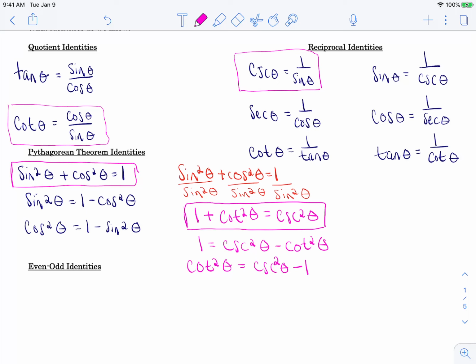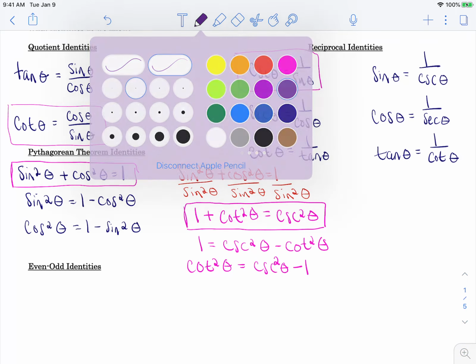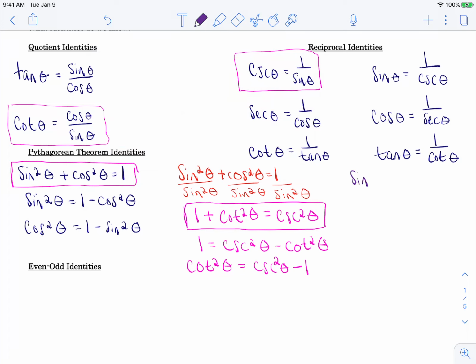All right. Now your third one, I'm going to rewrite the identity that hopefully we can all have memorized. Sine squared plus cosine squared equals 1. Well, now I can divide each term by cosine squared.